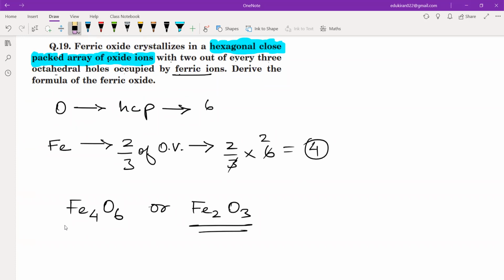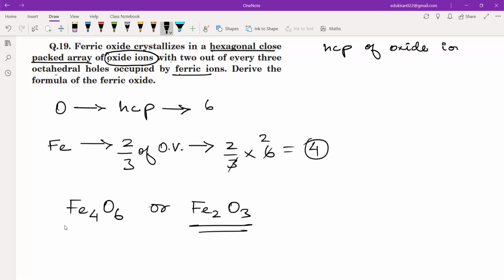Ferric oxide crystallizes in a hexagonal close packed array of. So this HCP, na? HCP is of what? HCP is of oxide ions. It is given. ये लिखा है ना, HCP of oxide ions, right? Yes or no? Yes. Got it now?